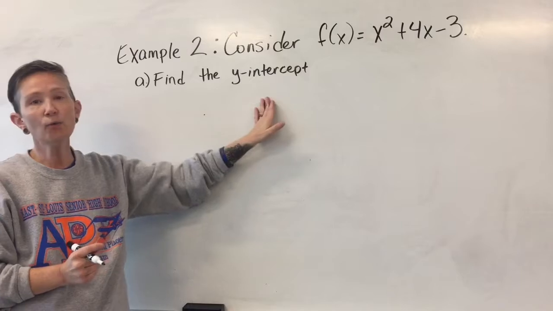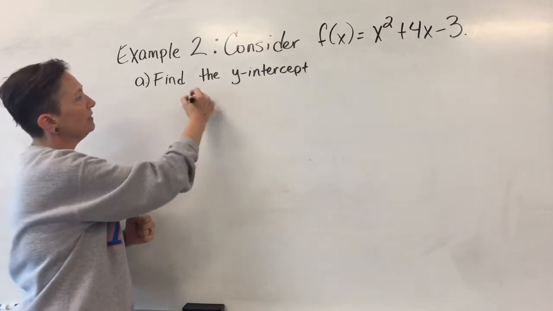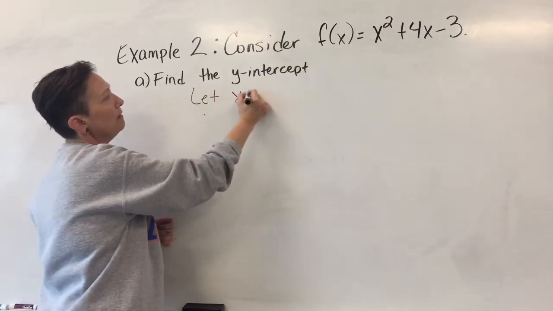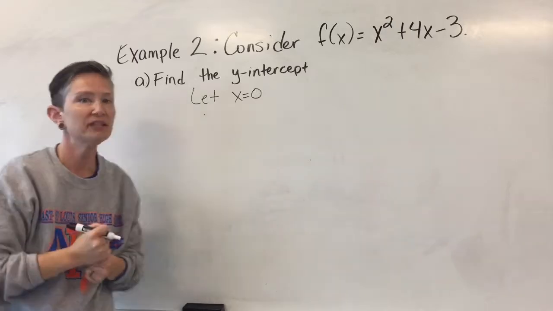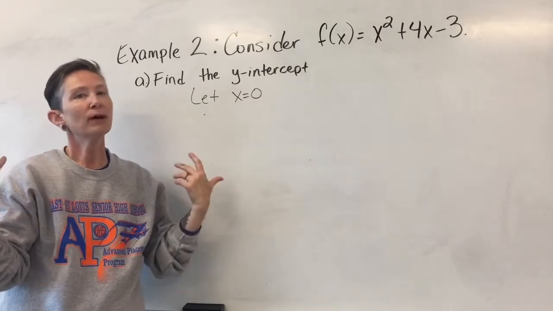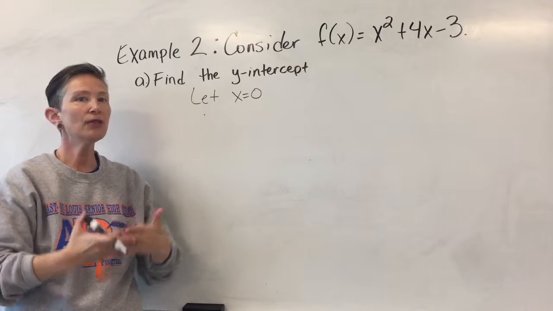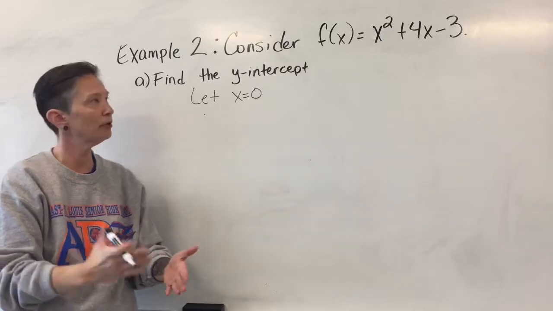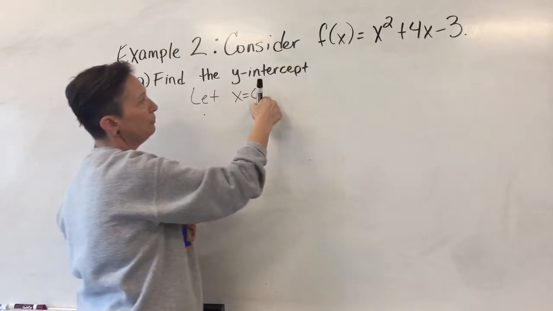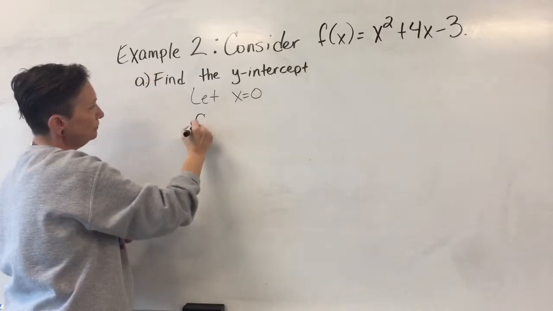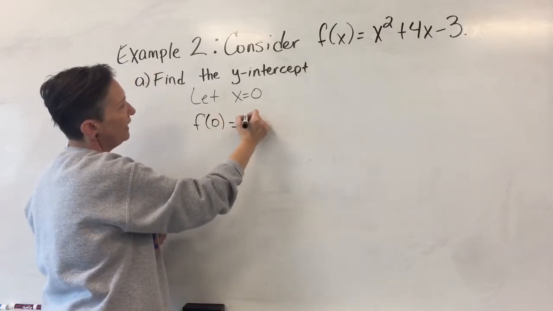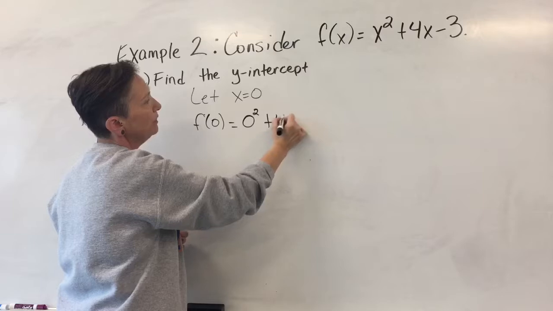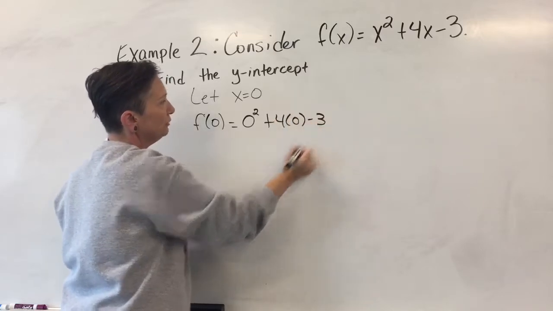If I want to find the y-intercept, that means I'm going to let my x values be 0, okay? Because when I find an intercept, the other part of the coordinates is 0. So in my function, I'm going to replace x with 0. So we've got 0 squared plus 4 times 0 minus 3.